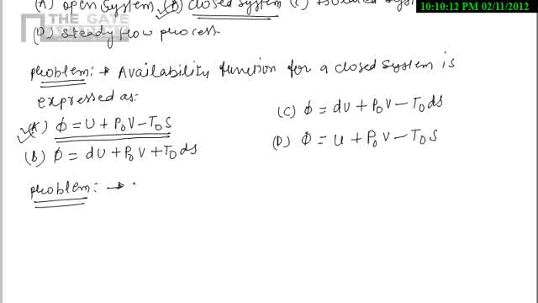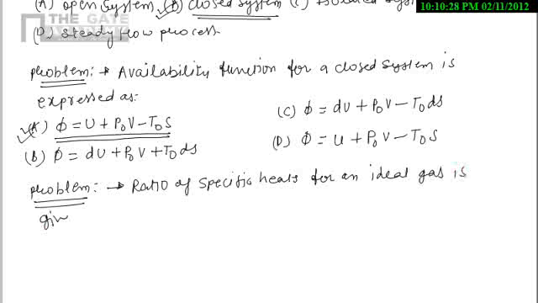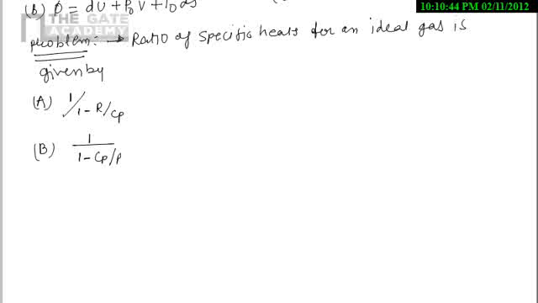Ratio of specific heat for an ideal gas is given by: A option, 1 divided by 1 minus R by Cp; B option, 1 by 1 minus Cp by R; C option, 1 by 1 plus Cp by R; D option, 1 by 1 plus R by Cp.